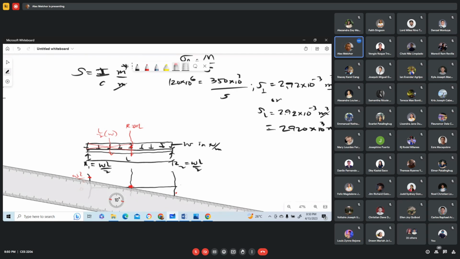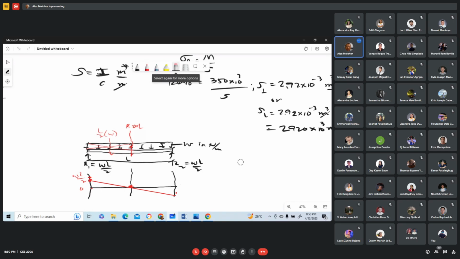Something like this. Okay, assuming that this point here is WL over 2, and this point here is also WL over 2.